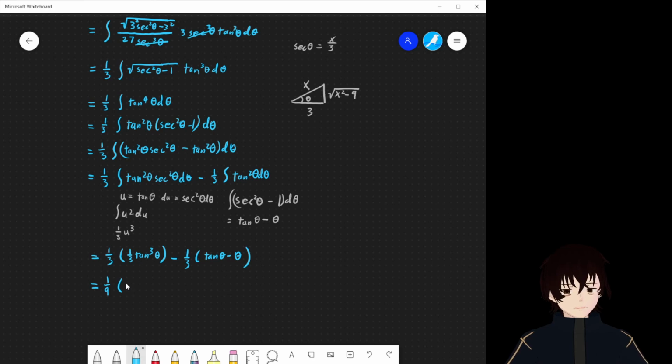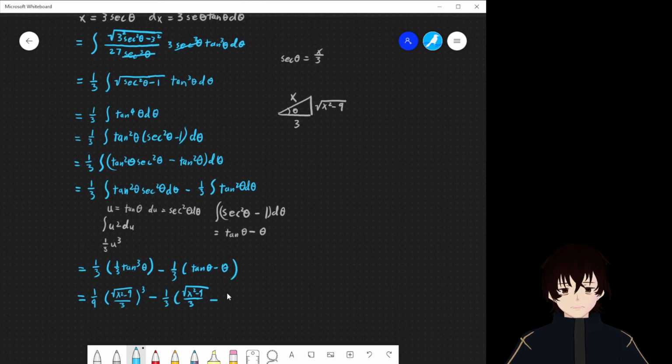So I guess x squared minus 9 over 3 cubed minus 1/3 x squared minus 9 over 3 minus, there's the line there, arcsecant of x over 3.